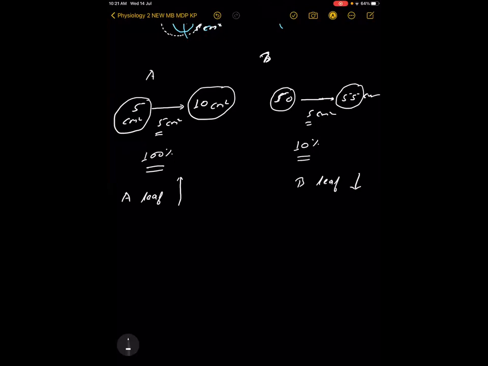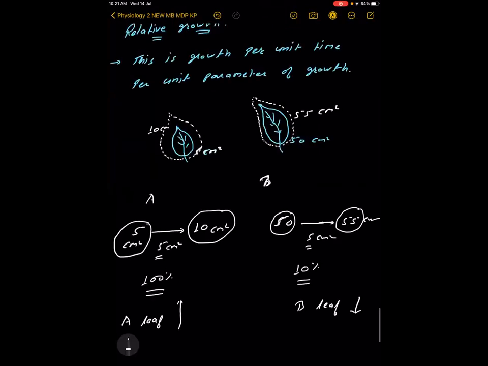Is it clear? I repeat. There are two different leaves. First has 5 centimeter square area, second has 50 centimeter square area. Now both have to grow the next 5 centimeters. The 5 has to grow up to 10 centimeter square area. Similarly, the 50 has to cover the next 5, up to 55 centimeter square area.